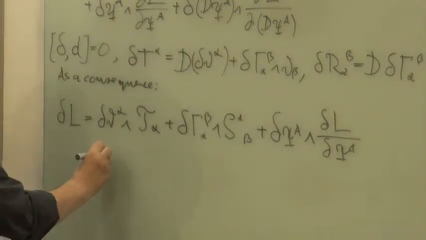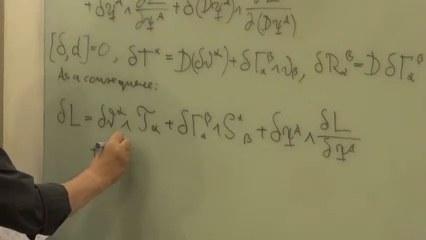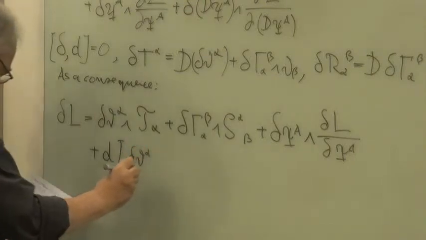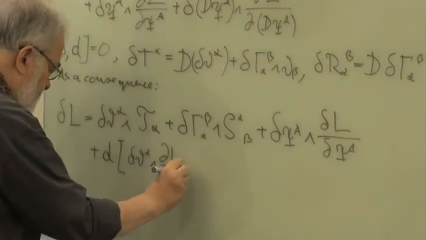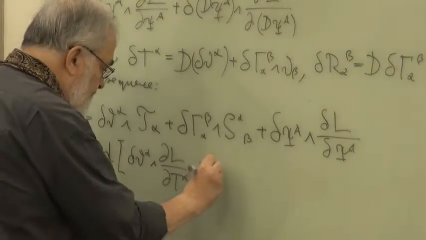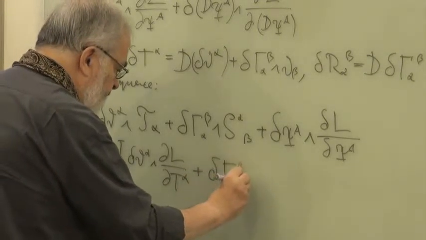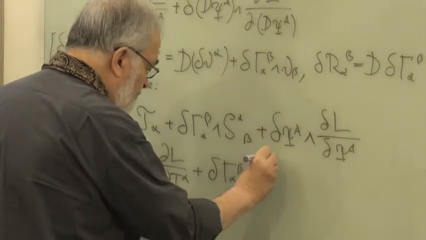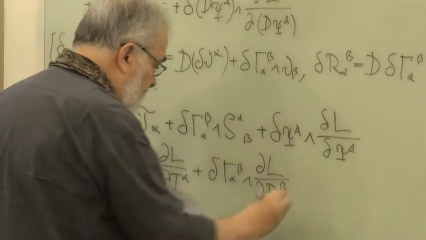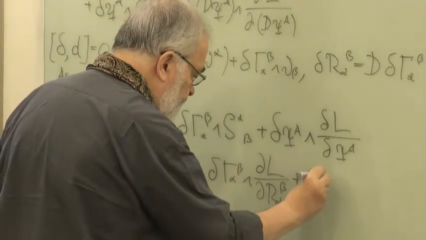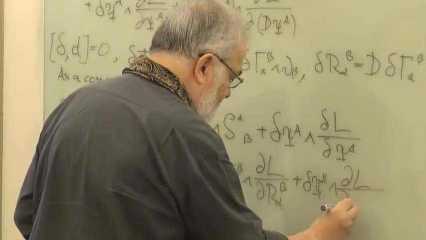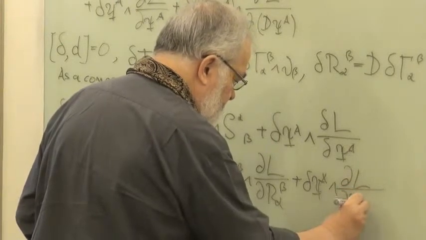And then I get an exact piece, plus these are the pieces which come from partial differentiation: exterior derivative of delta theta alpha, which dL over dT alpha, plus variation of gamma alpha beta, which dL over the curvature, partial R alpha beta, and finally the D psi A, which the partial derivative of L with respect to the velocity, so with respect to the partial t psi.